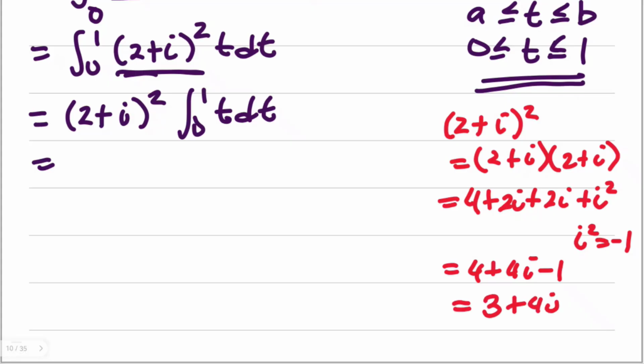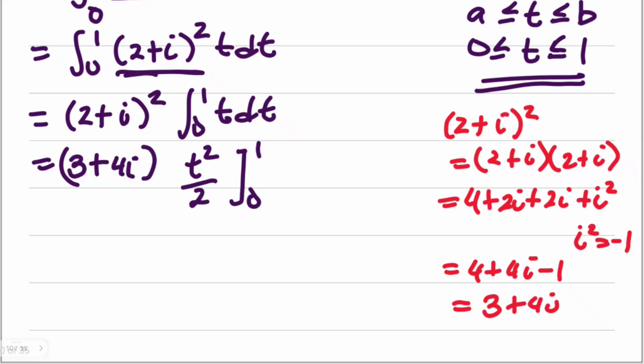This is the value of this one here, 3 plus 4i, times the integral of t dt. The integral of t dt is equivalent to t squared over 2, from 0 to 1.